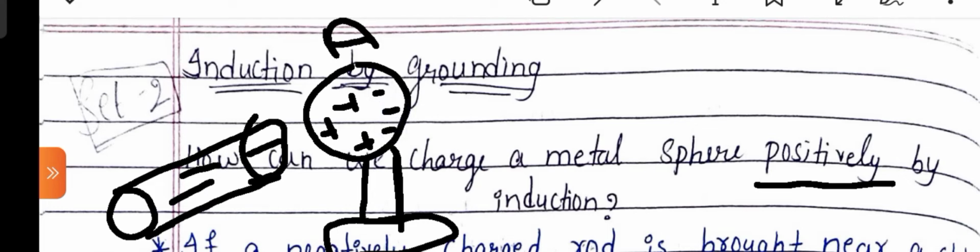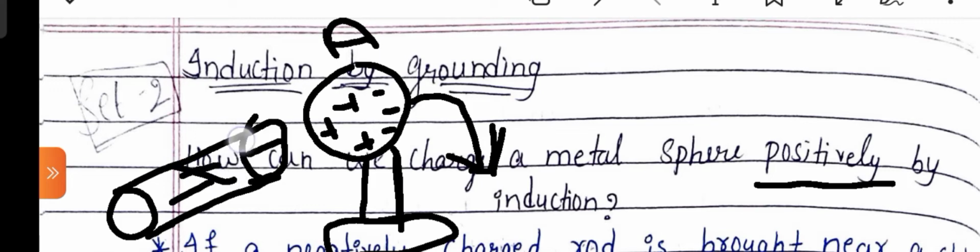Next, we connect the right side of the sphere to the ground. We do grounding so that the free electrons present in A go into the earth. Without removing the rod, the negative end of the sphere is grounded, and the electrons flow into the earth.